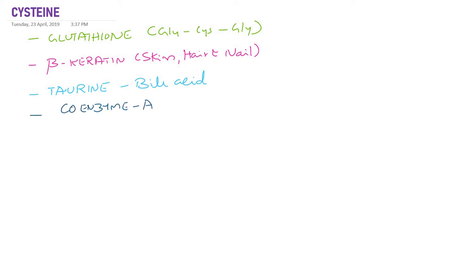Apart from these biologically important peptides or proteins that are made up of or contain cysteine, cysteine plays a major role in the immune system. Another important property of cysteine is that it provides stability to the three-dimensional structure or tertiary structure of the protein.